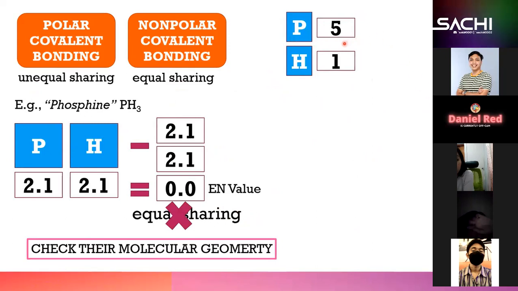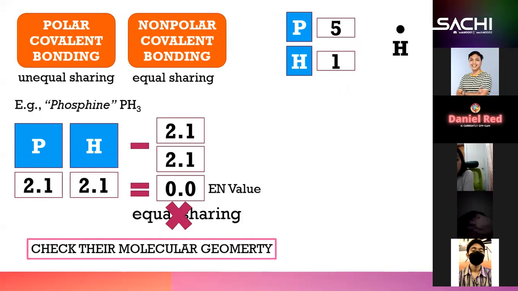For hydrogen, you will have one dot on the top part of the chemical symbol. For phosphorus, remember that you will always start putting a dot on the top part of the chemical symbol and move in a clockwise motion.